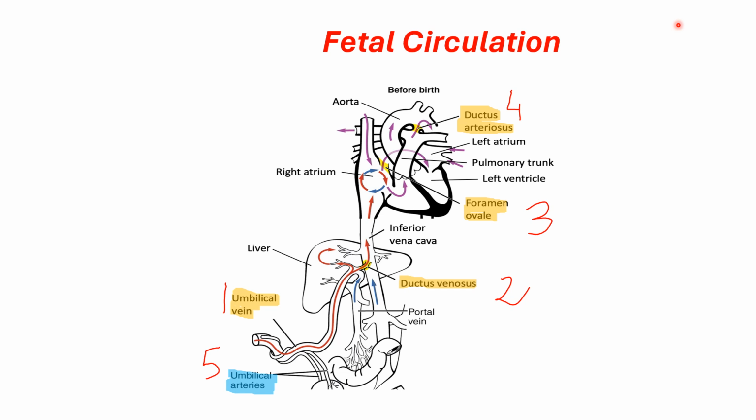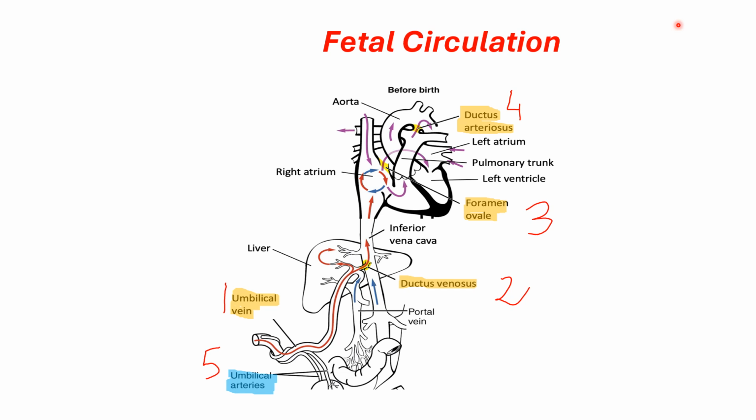The ductus arteriosus closes due to increased oxygen and decreased prostaglandins. And last but not least, the ductus venosus closes due to decreased umbilical flow. These changes make sure that blood now flows through the liver and lungs as in postnatal circulation.